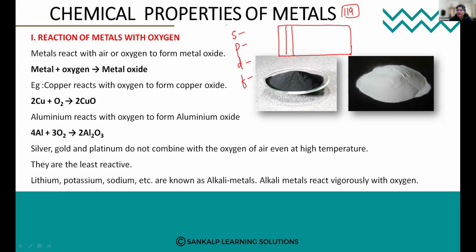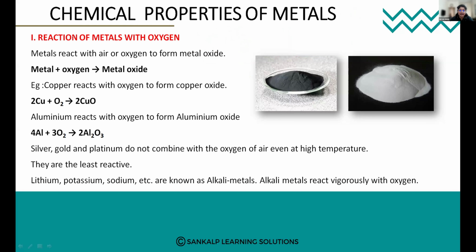In the S block elements, there are two groups: alkali metals and alkaline earth metals. The first group, alkali metals, includes lithium, sodium, potassium, rubidium, cesium. So these are the elements which come under alkali metals. Is it clear?